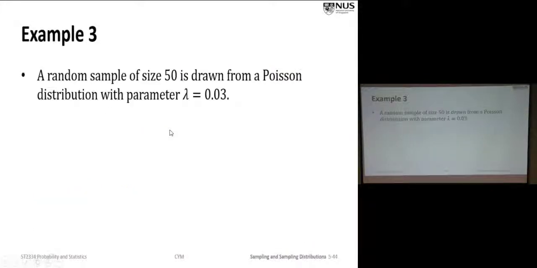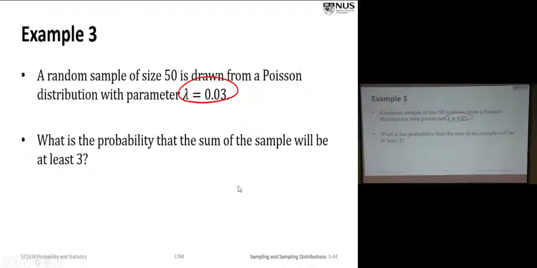Okay, another example. This time we take a sample from a population which follows a Poisson distribution with parameter 0.03. What is the probability that the sum of the sample will be at least 3? This time we are not asked about the sample mean, but instead about the sum of the sample.